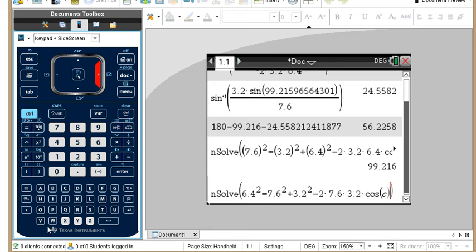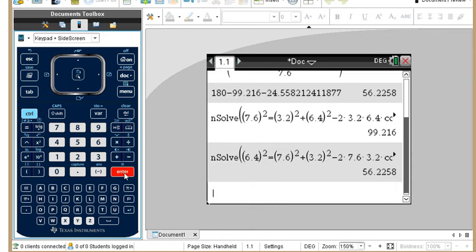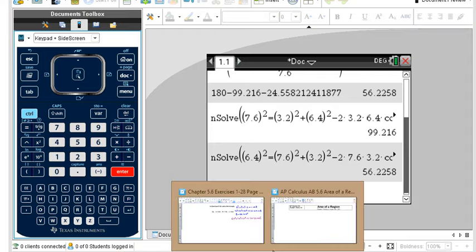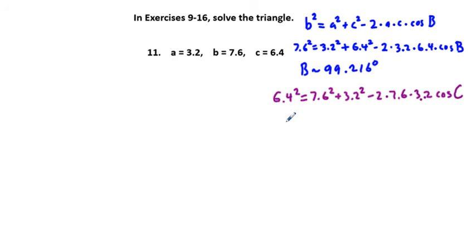We go over here and put comma C, and we get as our answer 56.226 degrees. I think we've seen that before, haven't we? 56.226 degrees.